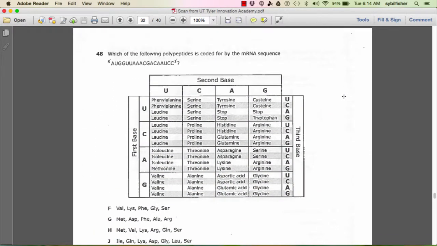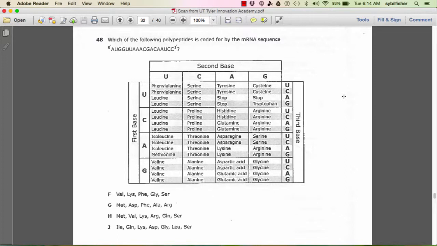Number 48. Which of the following polypeptides is coded for by the mRNA sequence? And I will not be reading that sequence to you. The answers are F. Val, Lys, Phe, Gly, Ser.